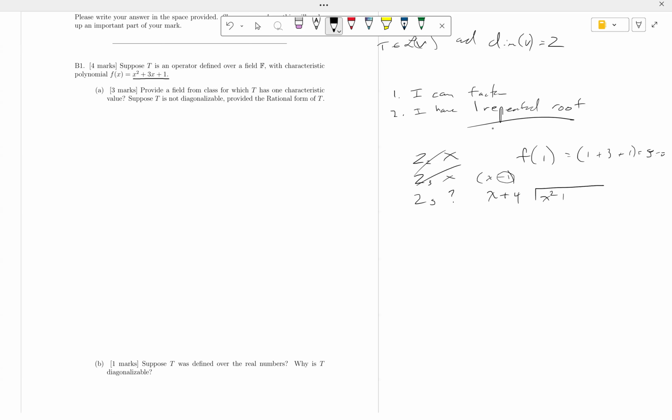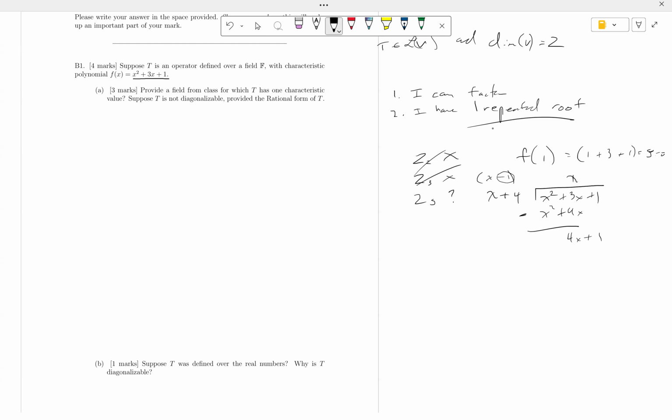Now, x squared plus 3x plus 1. X goes into x one time. I subtract x squared plus 4x, giving me 0. And now I'm adding the additive inverse of 4, which is 1. So this is 4x plus 1.